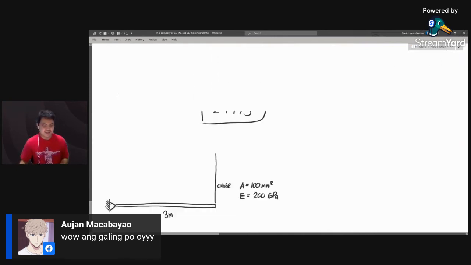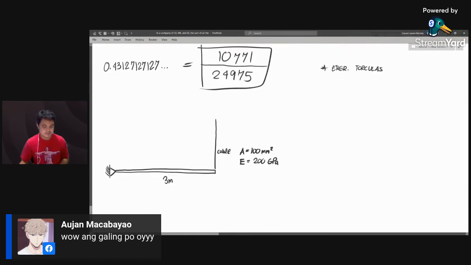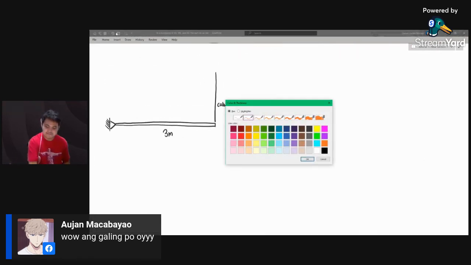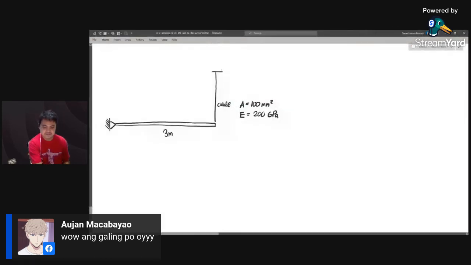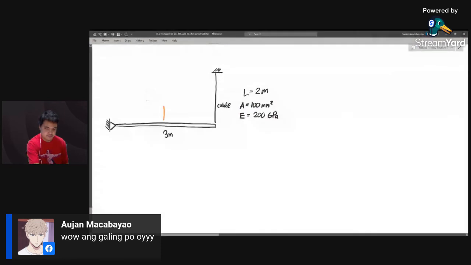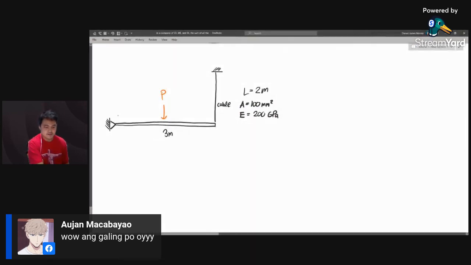Sige. Ito yung ating cable dito na steel. Dun sa may beam, na nakalagay sa beam. Okay. Ang length niya ay, let's say, 2 meters. So, ano yung tanong natin? Maglagay tayo ng vertical load dito, P, which is located at the midpoint or mid-span.